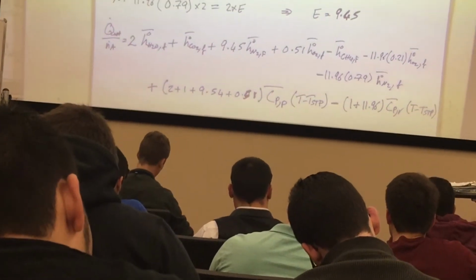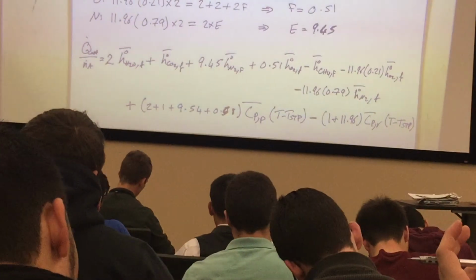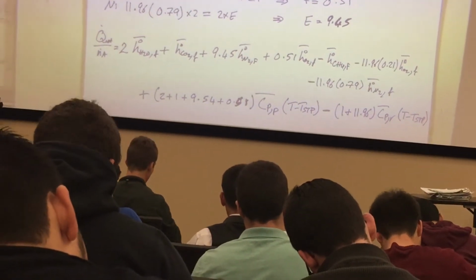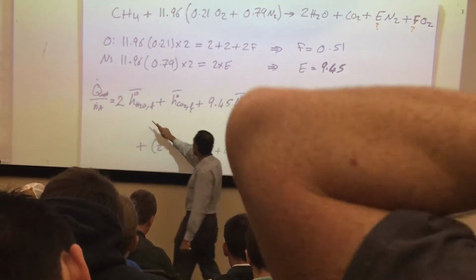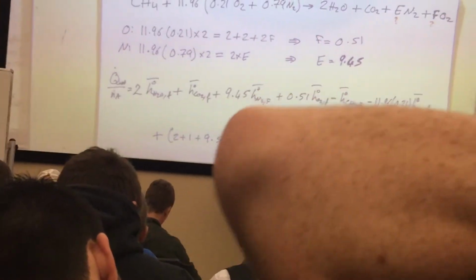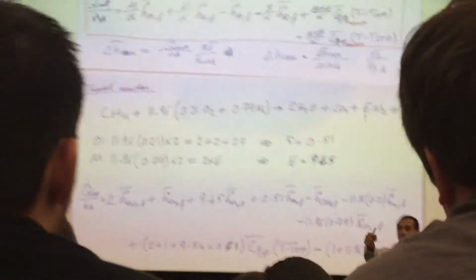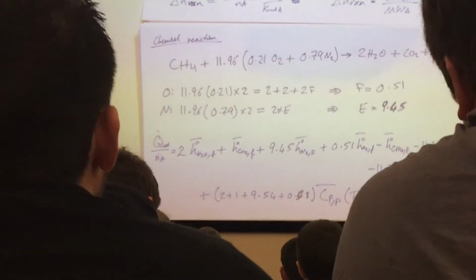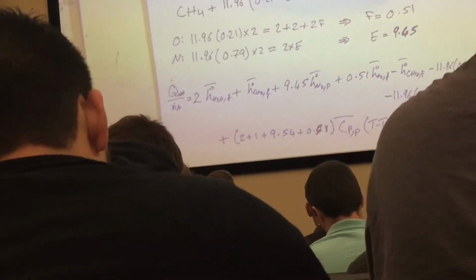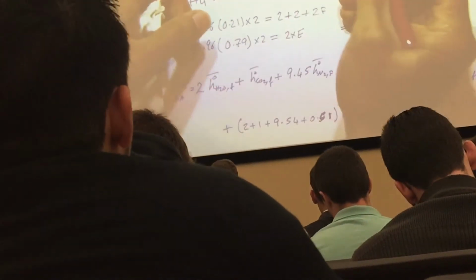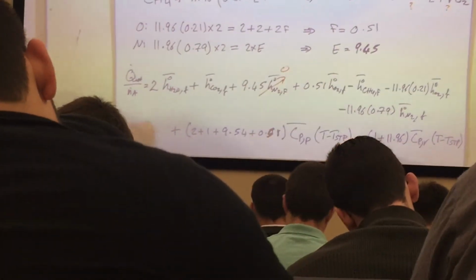So let's take a quick examination of that equation. Heat of formation of water, so yes, I do have that. Heat of formation of CO2, I do have that. Heat of formation of nitrogen. Your colleague asked about this earlier, right? So what's the heat of formation of nitrogen? Zero. Yes. This is the reason why we needed to write it in a generic form, but here, these just cancel out.